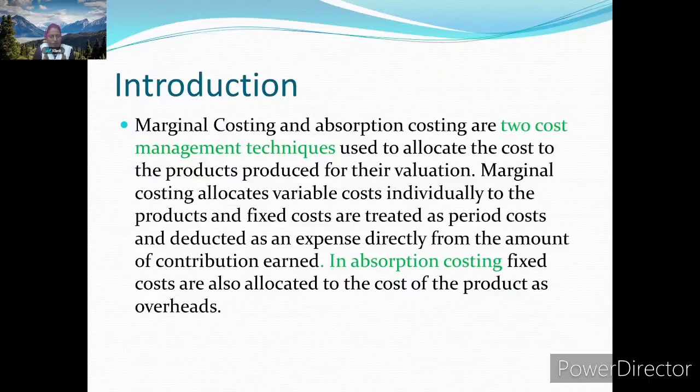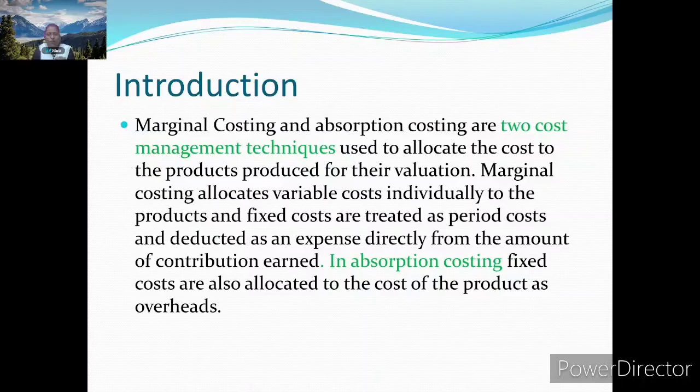These are the three most important concepts which we have to understand under marginal and absorption costing, and how they are treated separately. In absorption costing, fixed costs are allocated to the cost of the product as overheads. This is one of the differences between marginal costing and absorption costing.